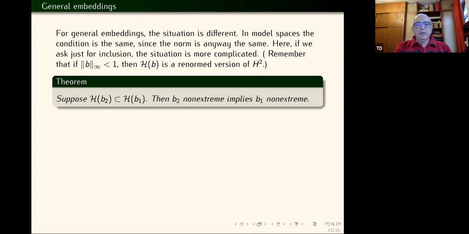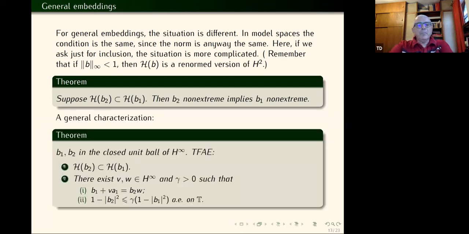One theorem that we can prove is that if we have such an inclusion as sets, B2 extreme implies B1 extreme. And then we have a general theorem that tells us when we have inclusion as sets, but which is a little bit more complicated than just division.